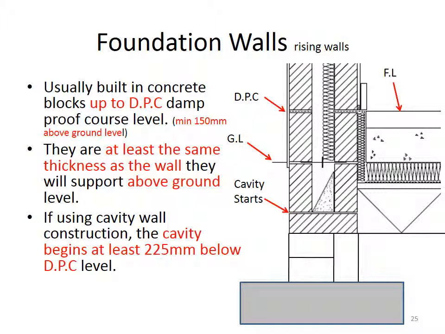In this case, if using a cavity wall construction, the cavity begins at least 225 millimeters below the DPC level. This is in case any debris falls into the cavity when we're building it, or also if any moisture is inside the cavity, it'll flow down and out of the building underneath the damp proof course level.